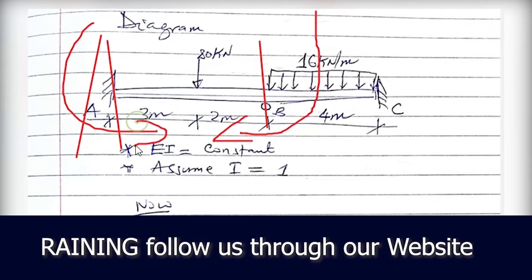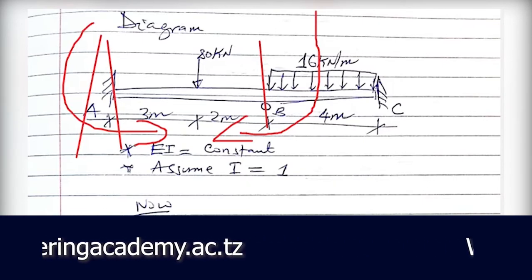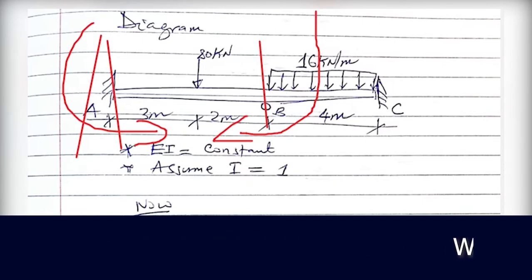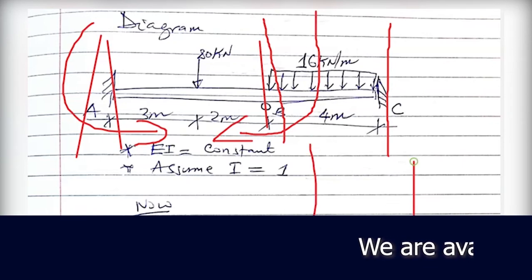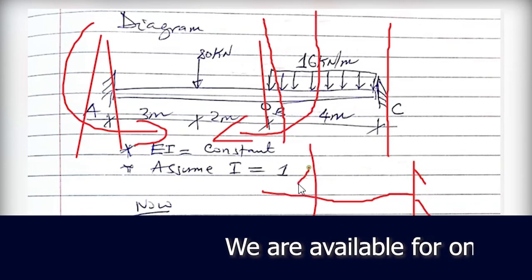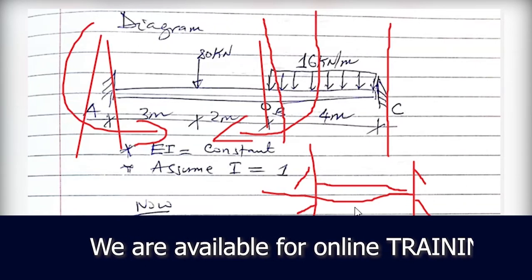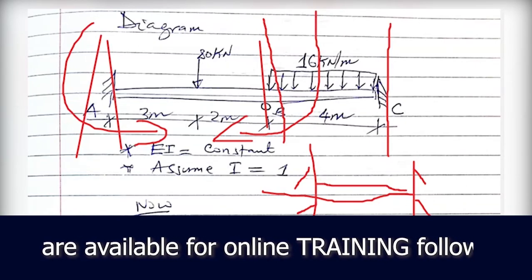So once you restrain, you can get the fixed end moment values from left and from right. Now we consider the fixed end moment for the next points, which are point B and point C. The same way, these two points shall be fixed as it was on the left, but this one has a uniformly distributed load.